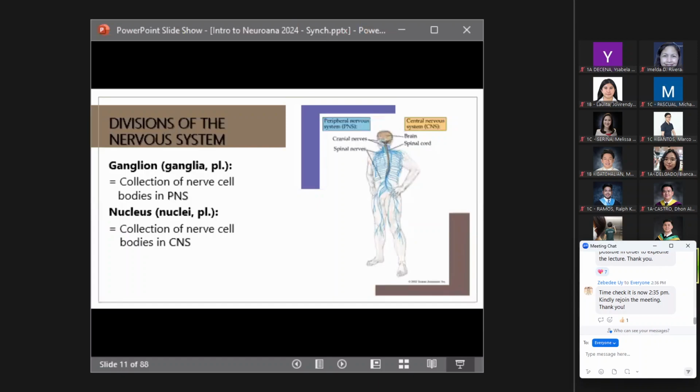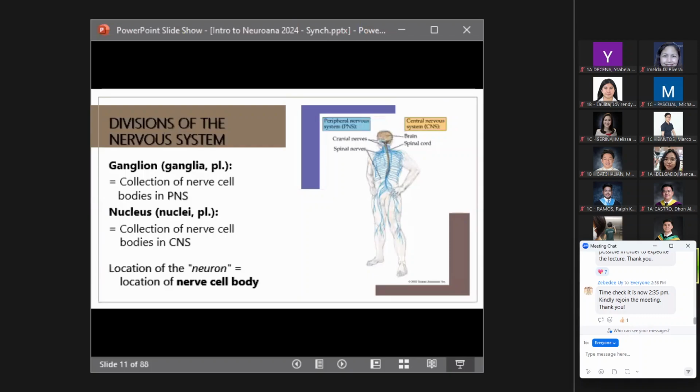Now, remember that by convention, when we ask in the course where the neuron is, what we actually mean is the location of the nerve cell body.